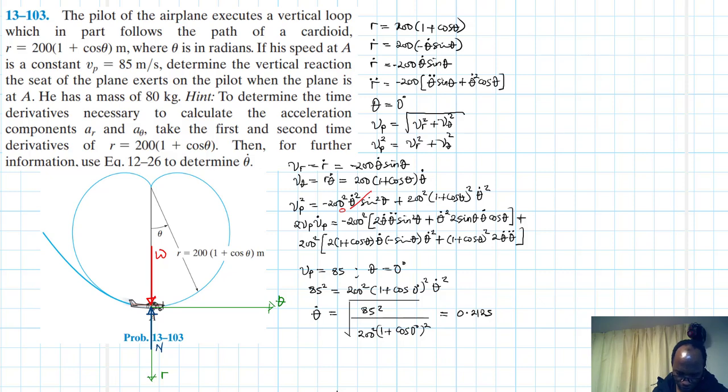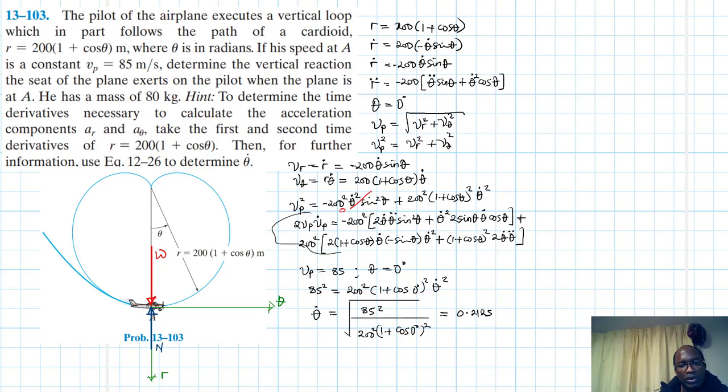Let me just check it through again. 2 squared times 200 squared, 85 squared divided by the answer, square root of that, 0.2125. Right, so that's our theta dot.